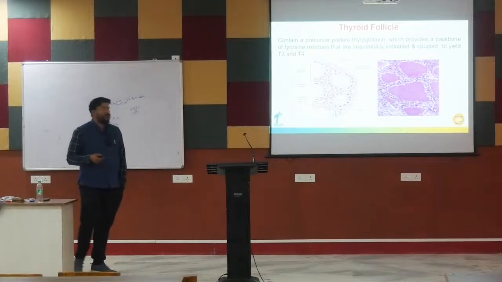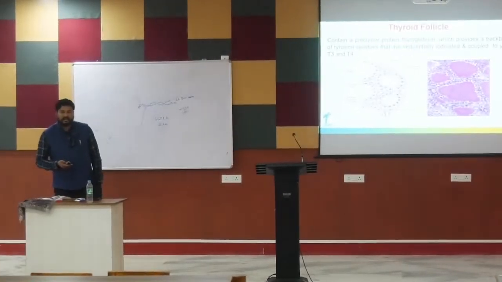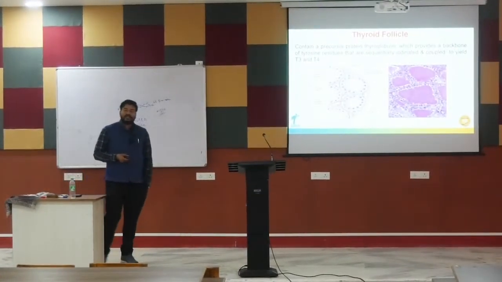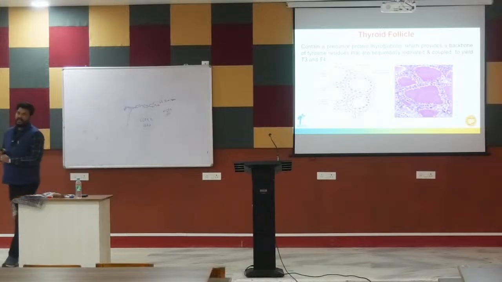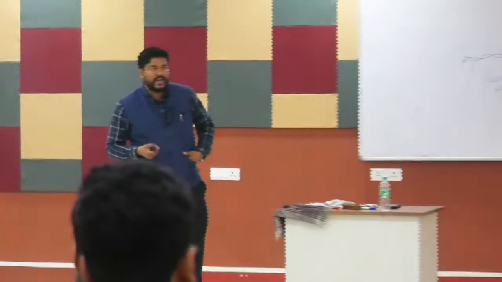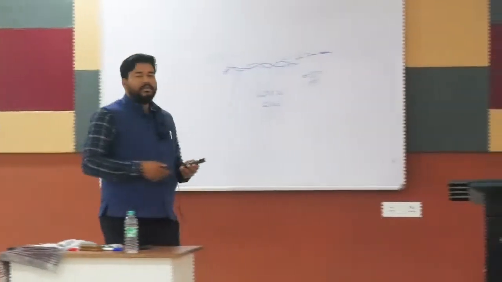How is thyroid hormone synthesized? You have learned in physiology, na? Remember? What is the first step in thyroid hormone synthesis? Iodine uptake. So iodine uptake as which molecule? Iodine or iodide? Yes, iodide. And what is the name of the transporter?